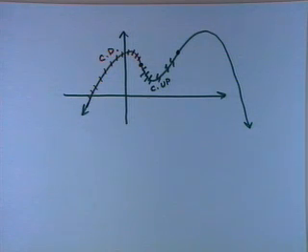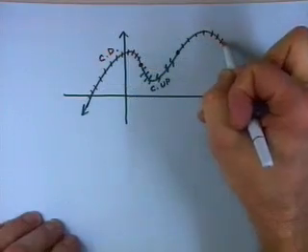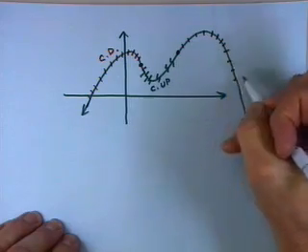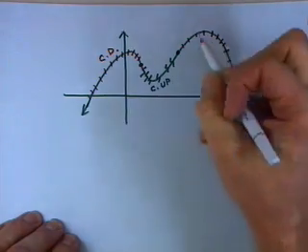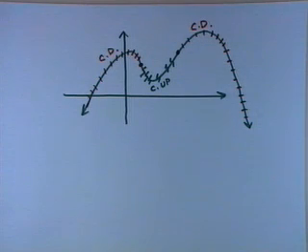Is that correct? No more transitions? All of this shape right here is all concave down. So those 2 points right there would be points of inflection, where the transition occurs from being concave up to concave down.